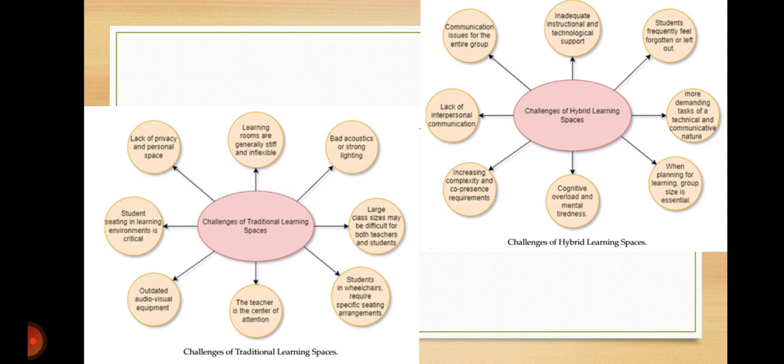Now, from the discussion so far, we can jot down the challenges of the traditional spaces as well as the hybrid spaces. In traditional spaces, there is a lack of personal space, which is very much required in the personalized learning requirements of the current learners.